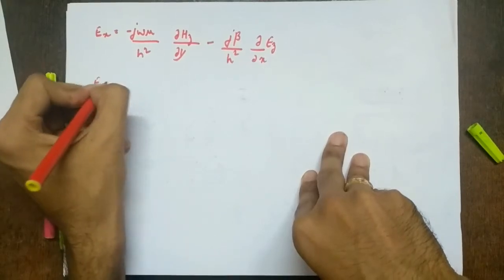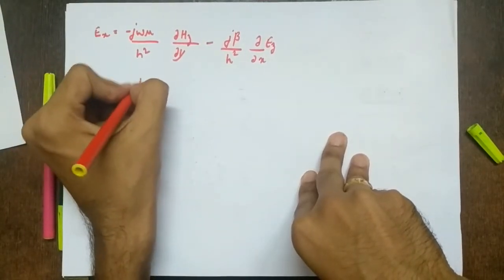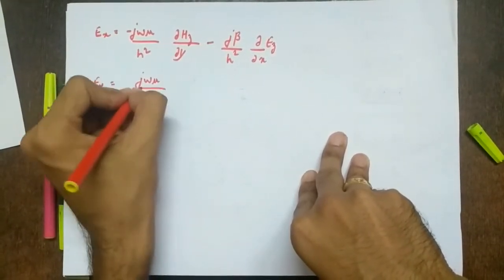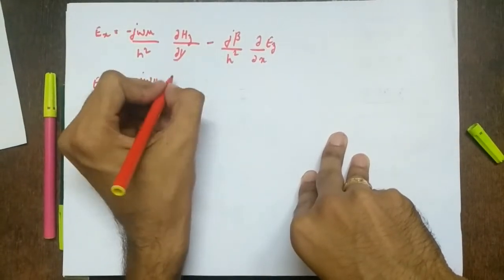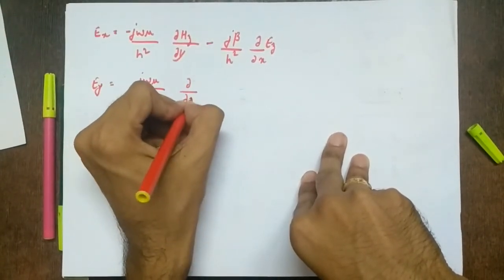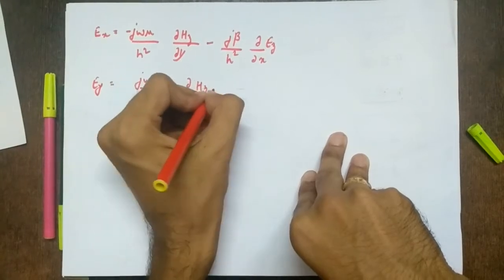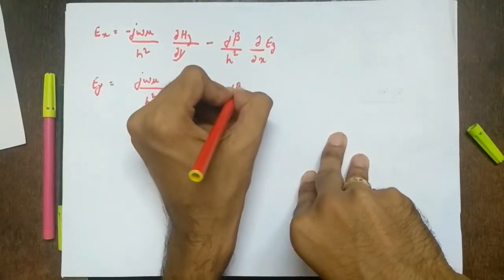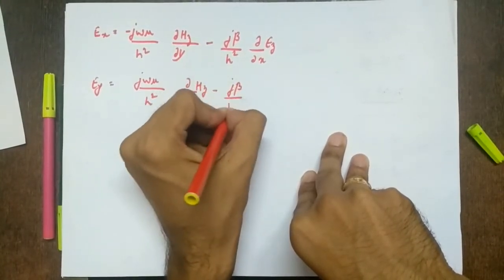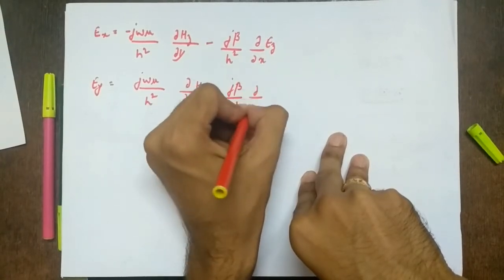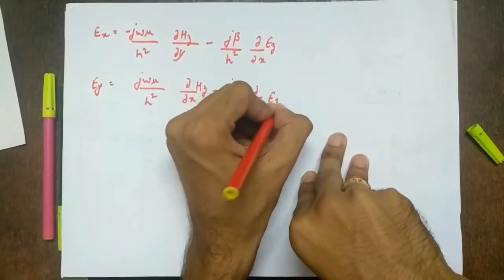Then we have Ey equal to j omega mu by h square del Hz by del x, minus j beta by h square del Ez by del y.